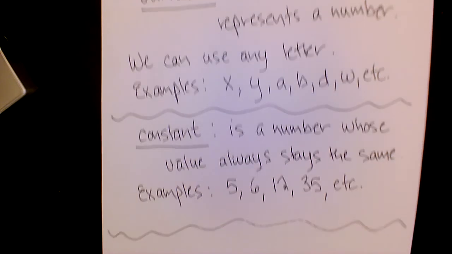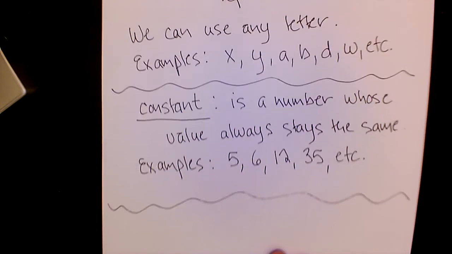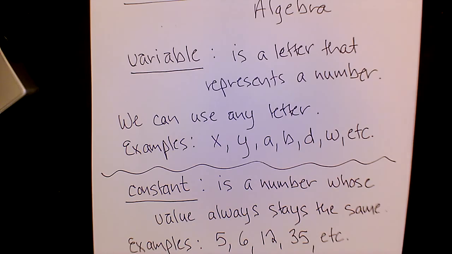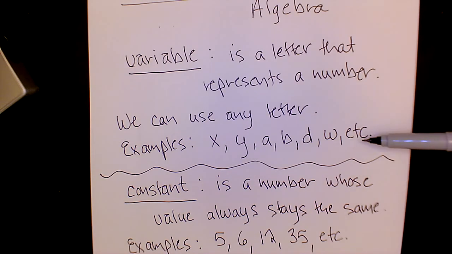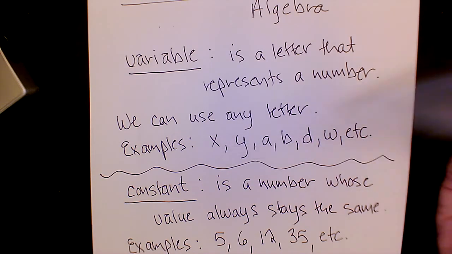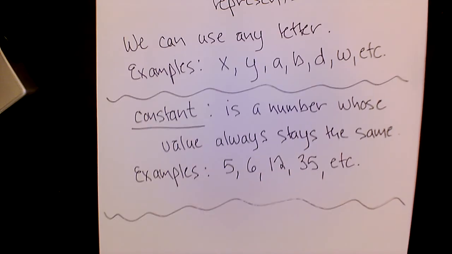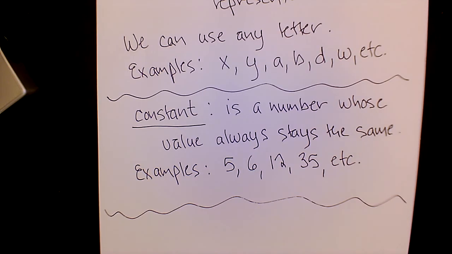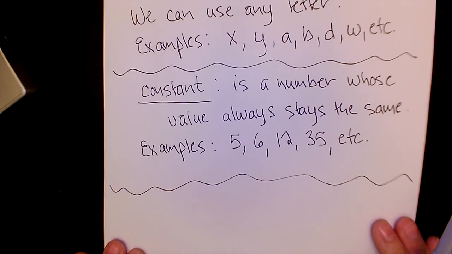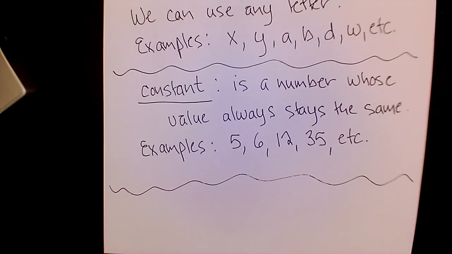So a variable is a letter that represents a number. We can use any letter we want. A lot of times we use X and Y. A constant is something that stays constant. A number that always stays the same number. 5 always stays 5. 12 always stays 12, etc. So, in algebra, we can use these variables and constants.